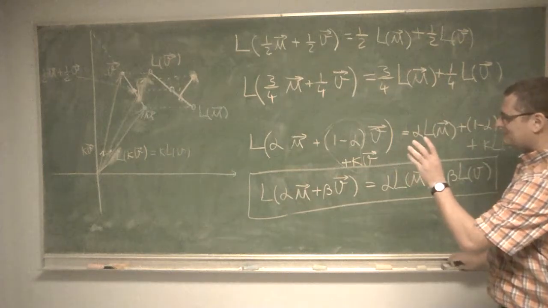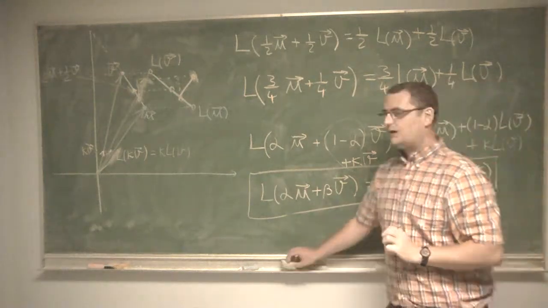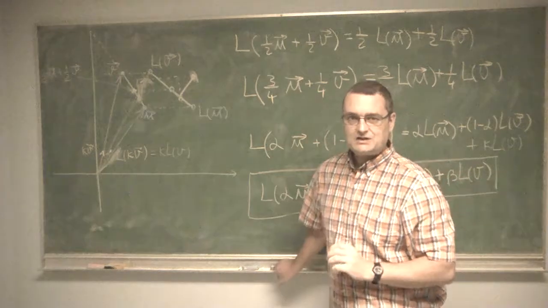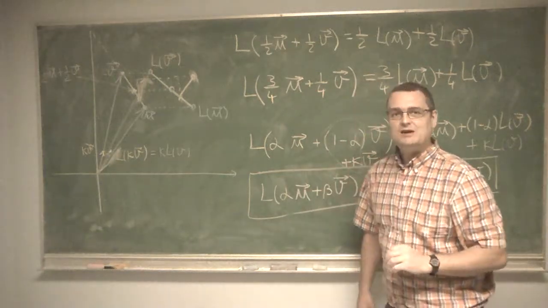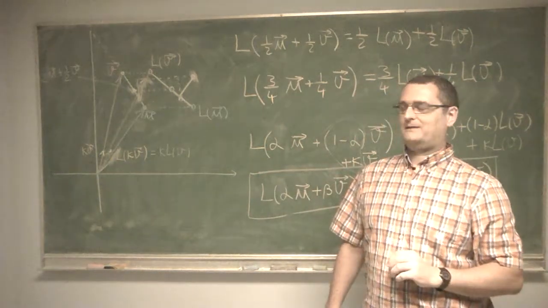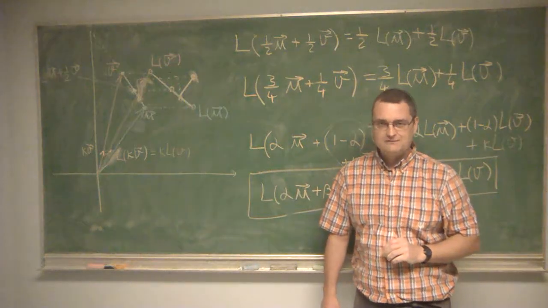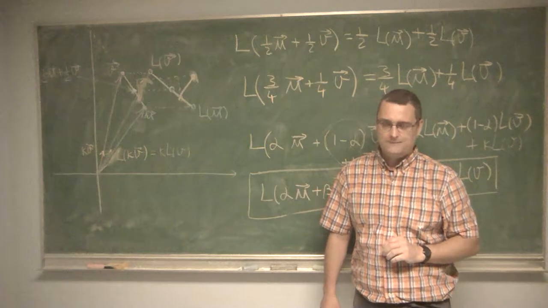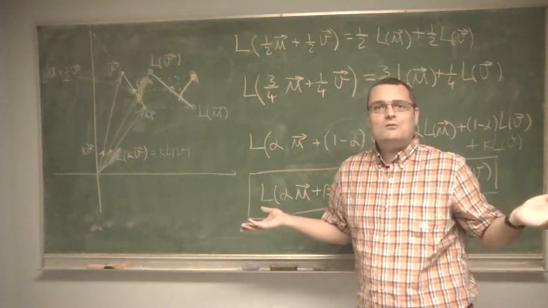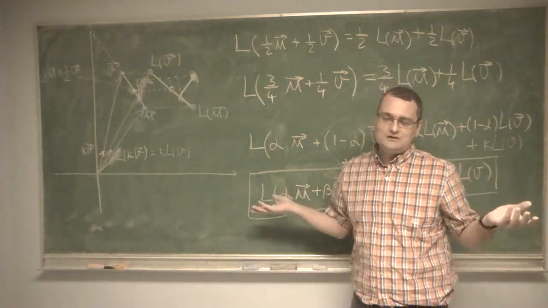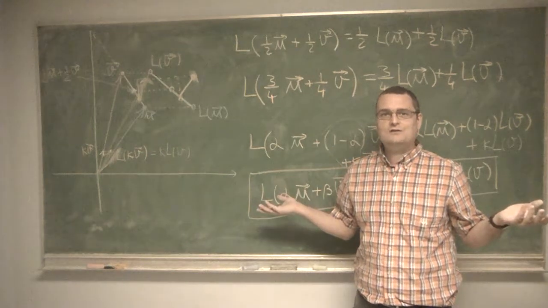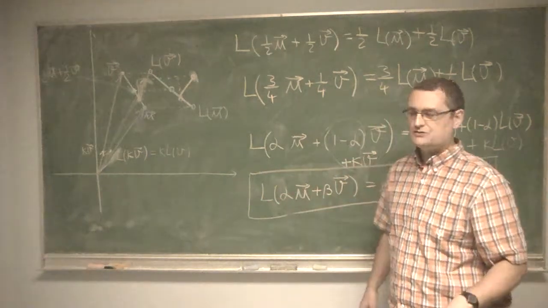Okay, so why are we talking about linear transformations? Well, because you can represent linear transformations using matrices, the stuff that you've seen in chapter 1. And actually, linear transformations can be thought of as a way of visualizing matrices.